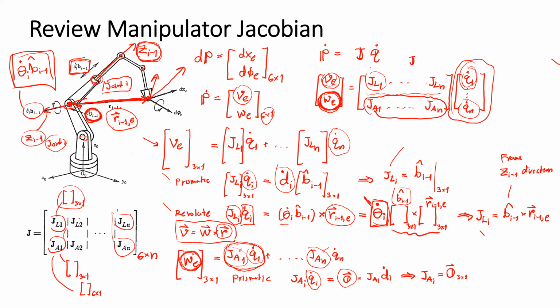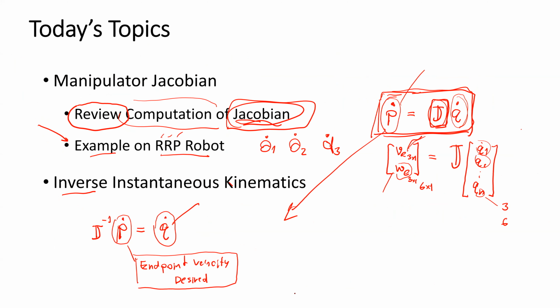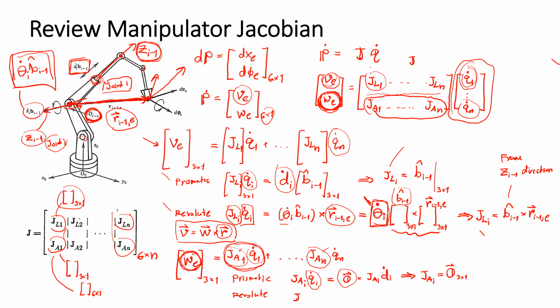What if the joint is revolute? The Jacobian for angular speed of joint I multiplied by the joint speed Qi dot will equal the rate of change in direction of the endpoint.